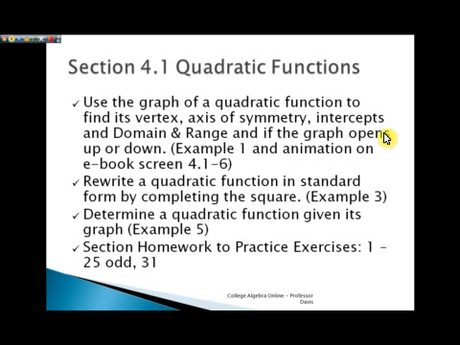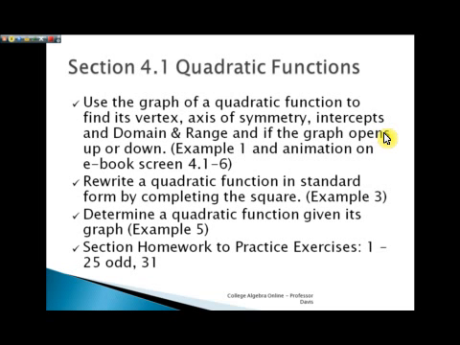And remember, the domain is always the set of real numbers for a quadratic function, and the range is determined by the minimum or maximum value, whether the graph opens up or down, and that's that y-coordinate that determines the range. And so you might want to look at example 1, and there's a great animation on this on ebook screen 4.1-6. So make sure you look over that.